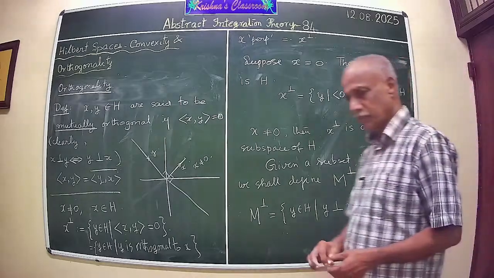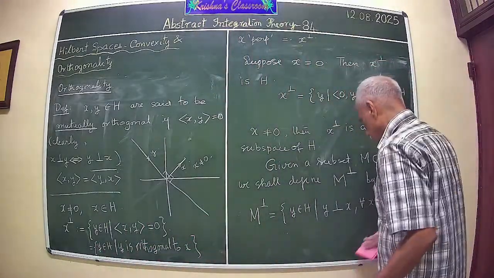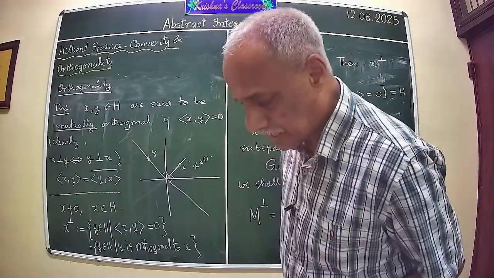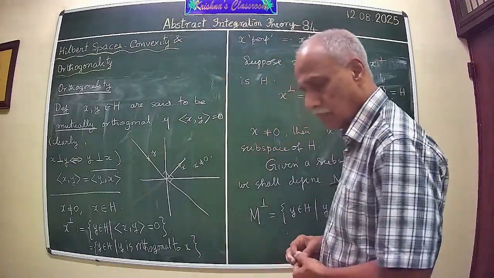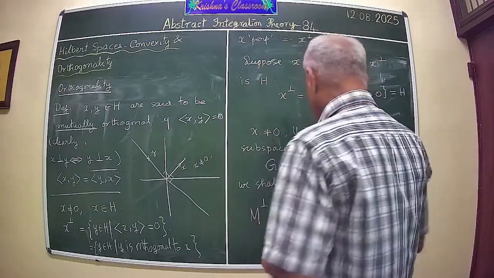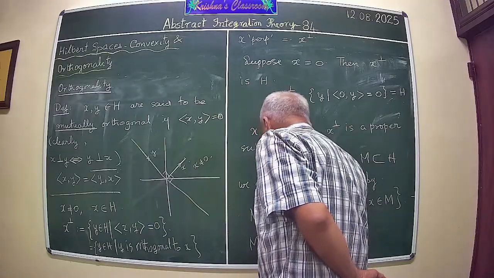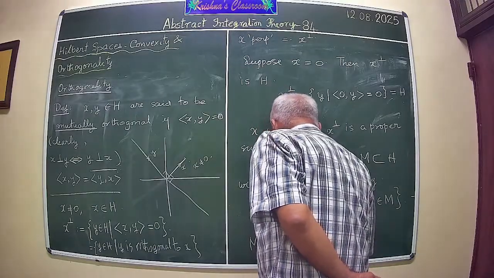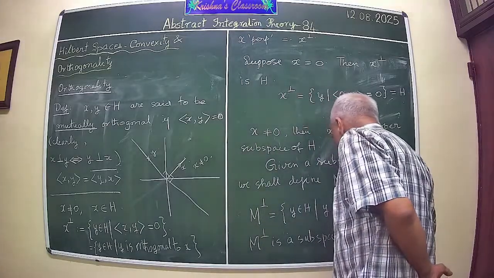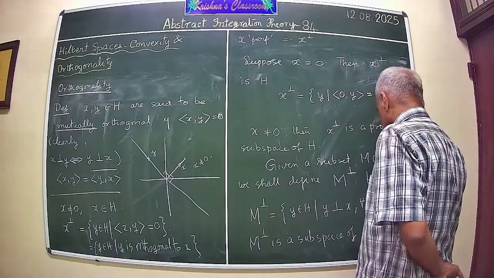Just work it out. Then you observe that M perp is a subspace of H.